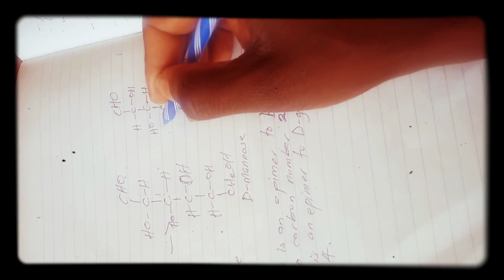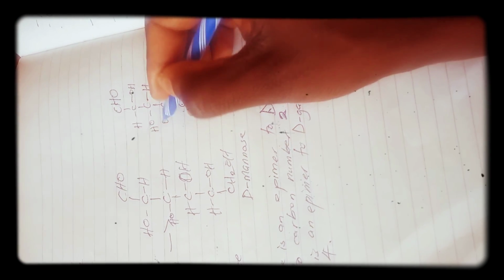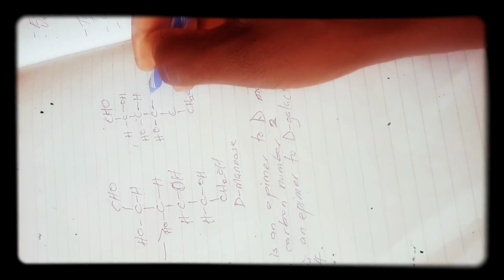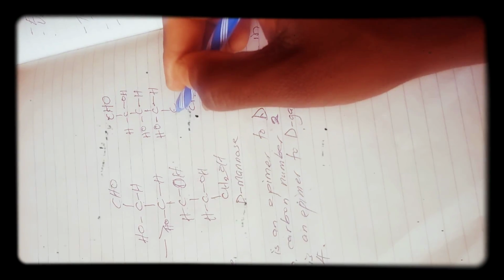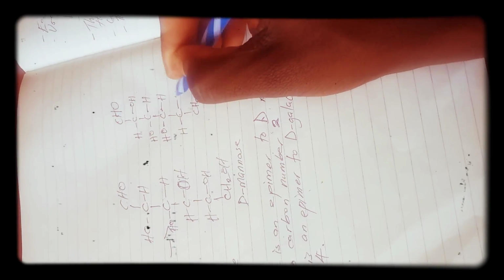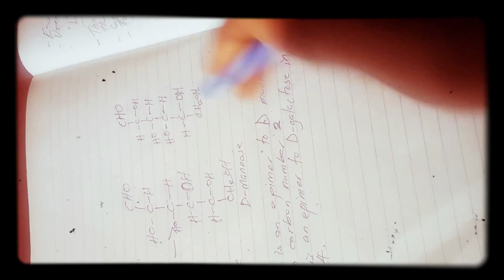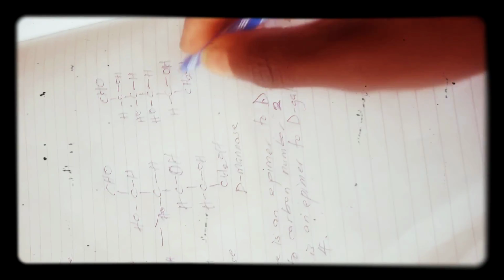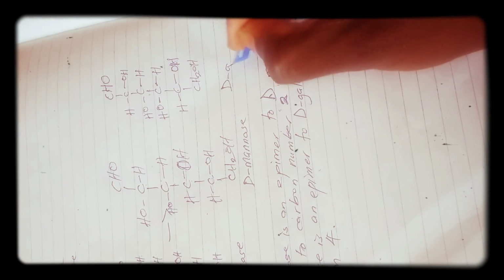We were supposed to have H this side, but now we are going to have OH this side and H the other side. Any other thing remains the same. Here we are supposed to have H, here we are supposed to have OH. So if you compare these two structures, you'll find that they're the same except on carbon number 4. That is, here we are going to have a D-galactose.